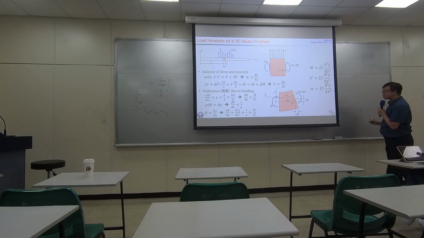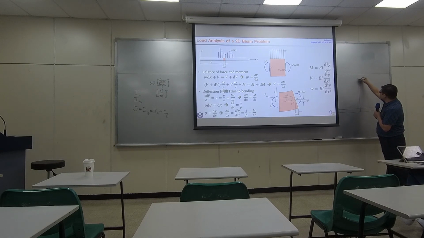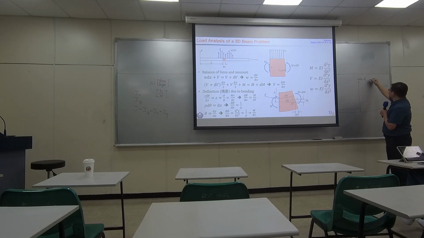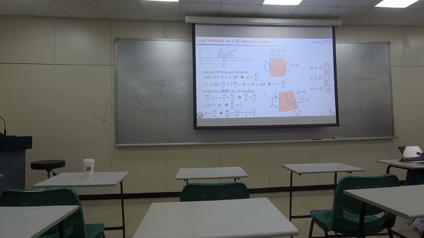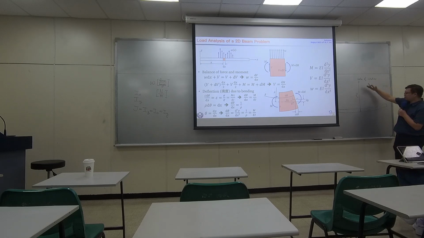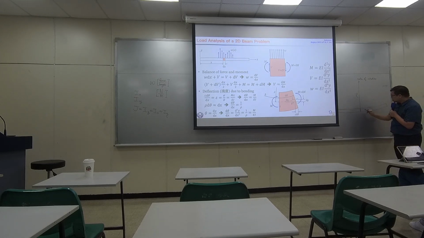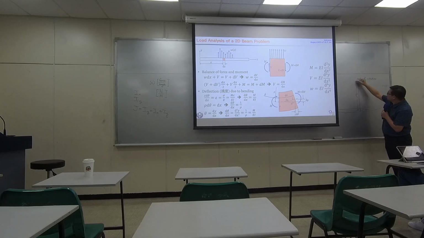And let's say this is the center of your rotation. So this is your rho, basically the radius of this curvature. Okay, and of course it's on the neutral axis.